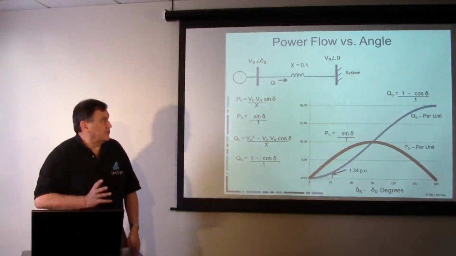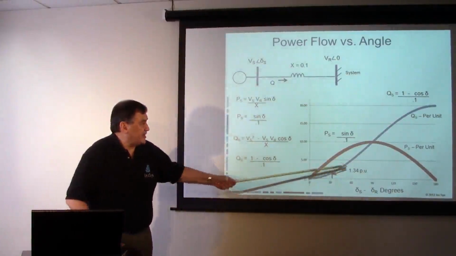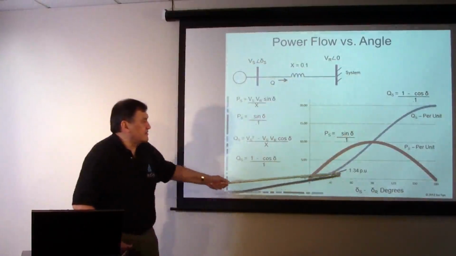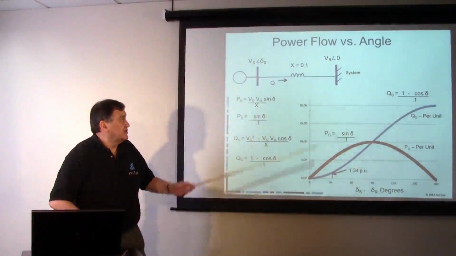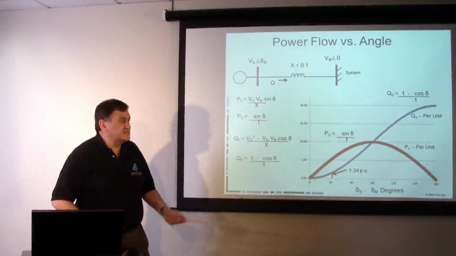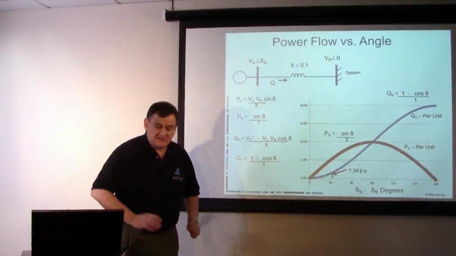But when we look at the reactive power and the angle, if we were to go through the corresponding equations for the sending end, we would see that the reactive power is actually flowing into the line from both ends as we separate the angle. That's a really good point: the line becomes a huge consumer of VARs.